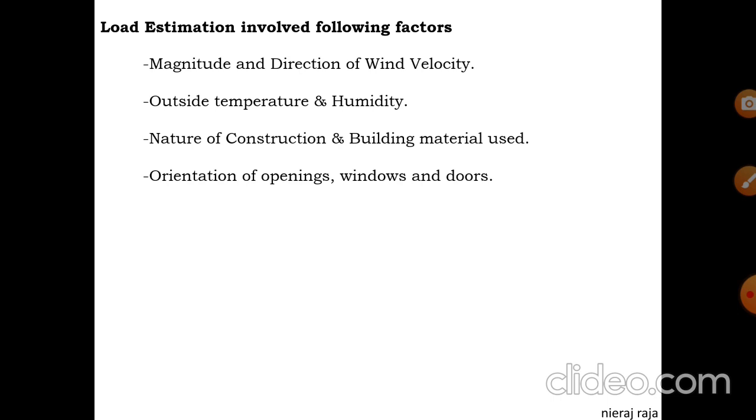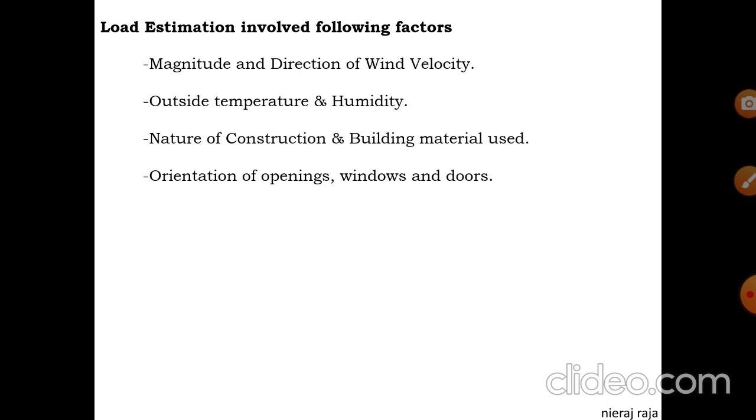Along with the construction, you need to know about the orientation of the different openings, which could be windows or doors. As we have gone through the magnitude and direction of wind velocity, knowing the airflow and its direction, accordingly we have to orient the different openings inside the room.